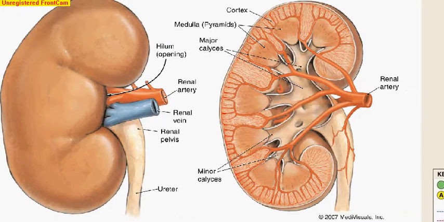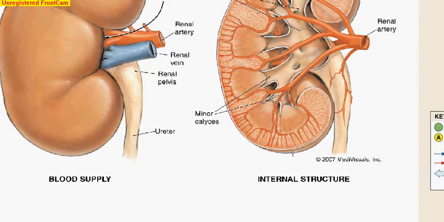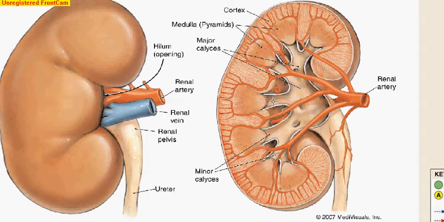And then the other one is this internal structure. Mainly we are supposed to know the medulla, the cortex, and the pelvis. The pelvis region is this inside region. The region where the glomeruli are is called the cortex, and the region where the pyramids, the medulla, stay is the medial region.